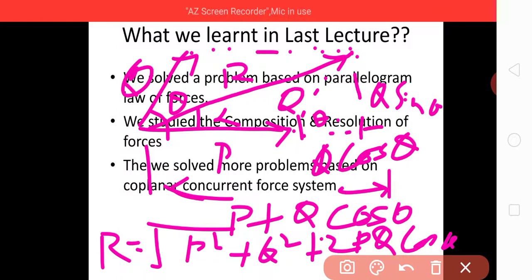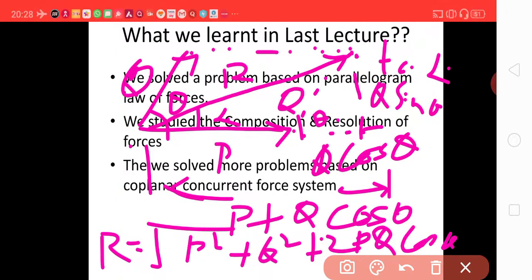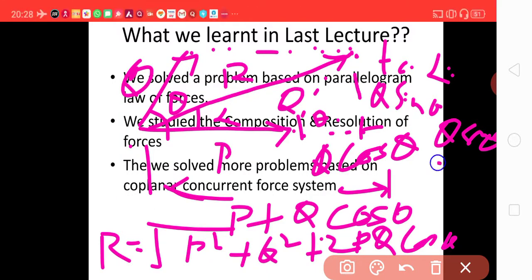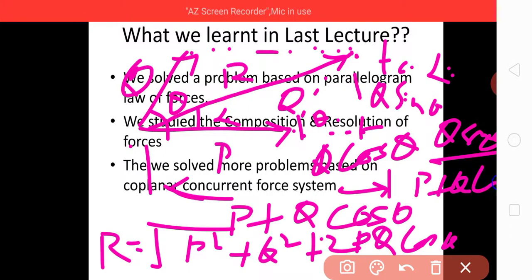Similarly, we can find this angle alpha, which is height upon base, that is, tan alpha will be equal to Q sin theta upon P plus Q cos theta.